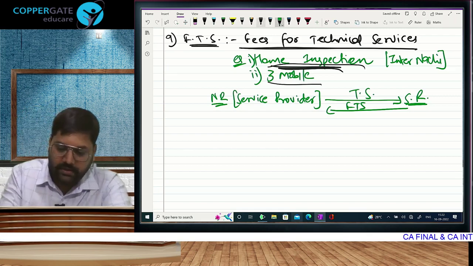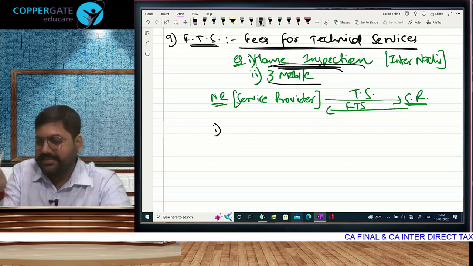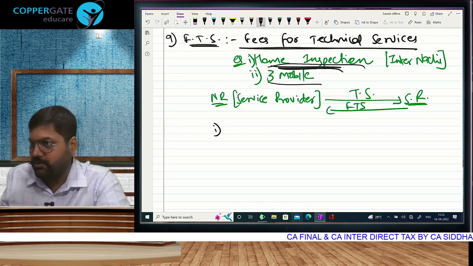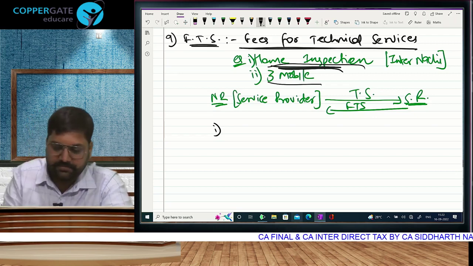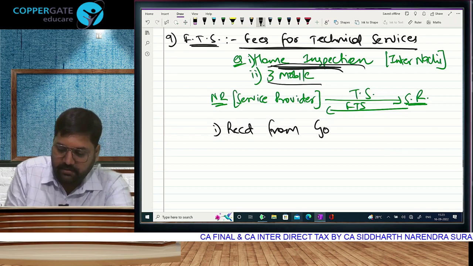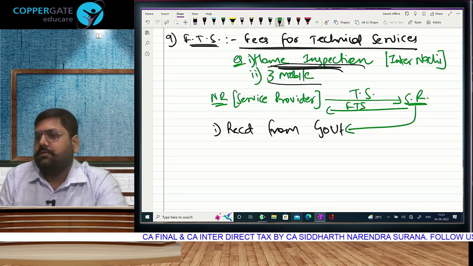Correct? Now, if you have this much space, then don't cancel anything. And if you have written government, this part you can make below the list also as an example. Received from government. Now you tell me, what is government? Service receiver.